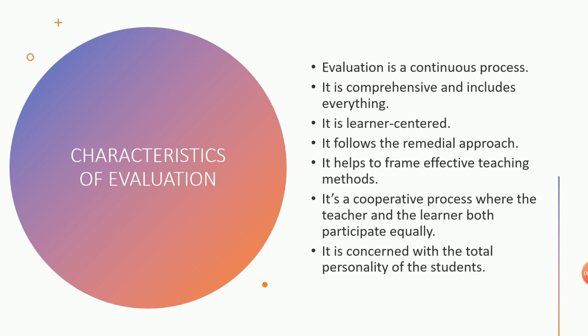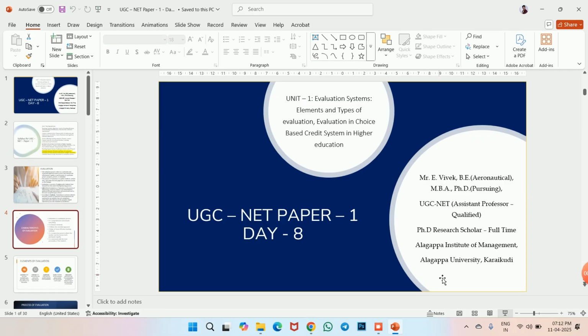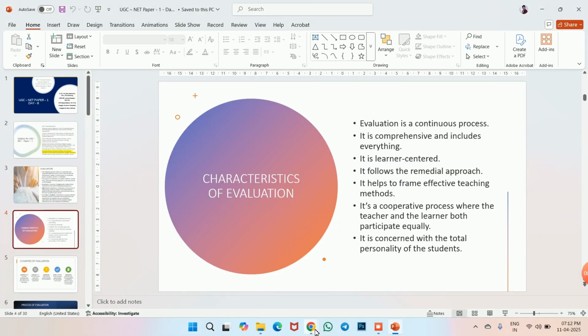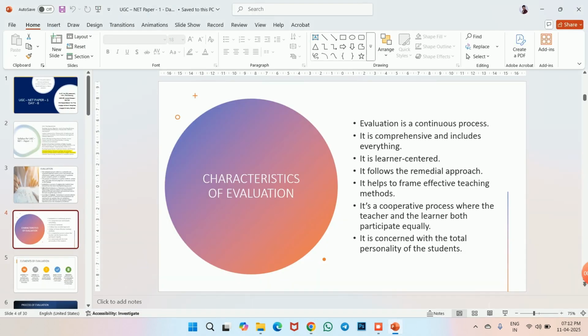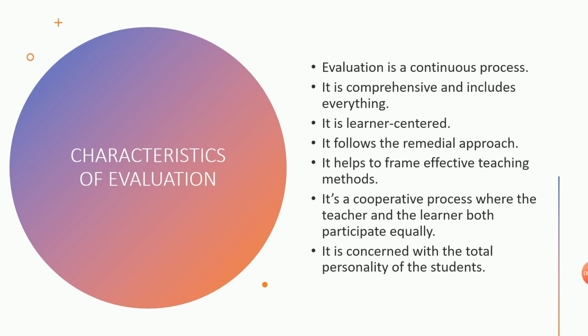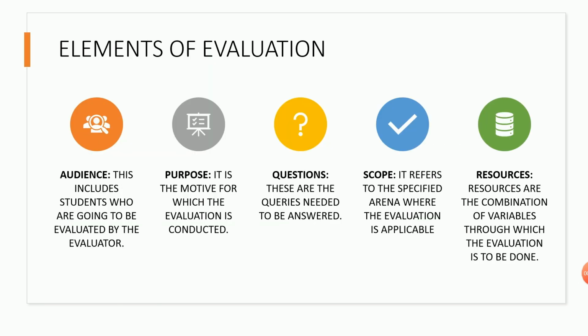We are allowing her to write in 3 hours or 3.5 hours so that she doesn't feel omitted, because she cannot perform or write the exam as effectively as other students in the same time frame. So we are considering the personalities of all the students. So these are all the characteristics of evaluation.